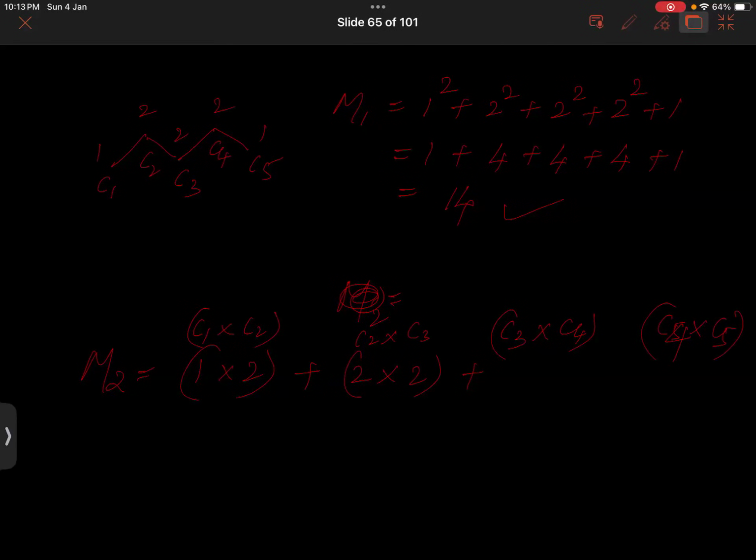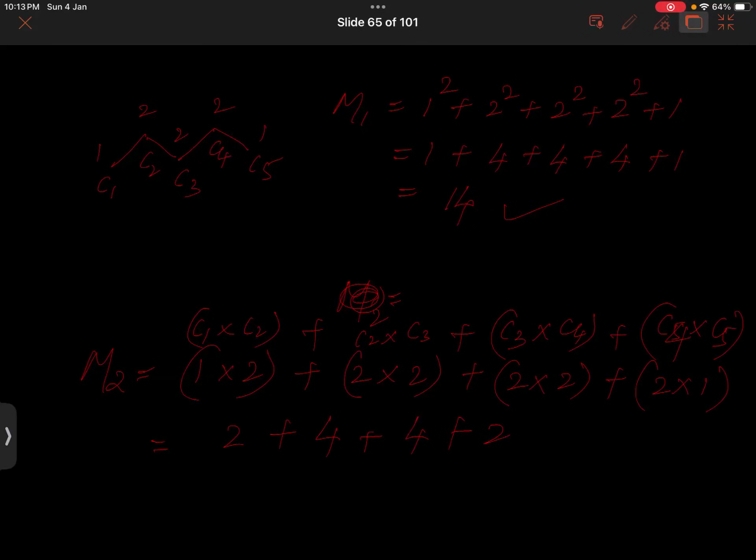C3 degree is 2, and C4 degree is also 2, and C4 into C5 is 2 into 1. So 1 into 2 is 2, plus 2 into 2 is 4, plus 2 into 2 is 4, plus 2 into 1 is 2.